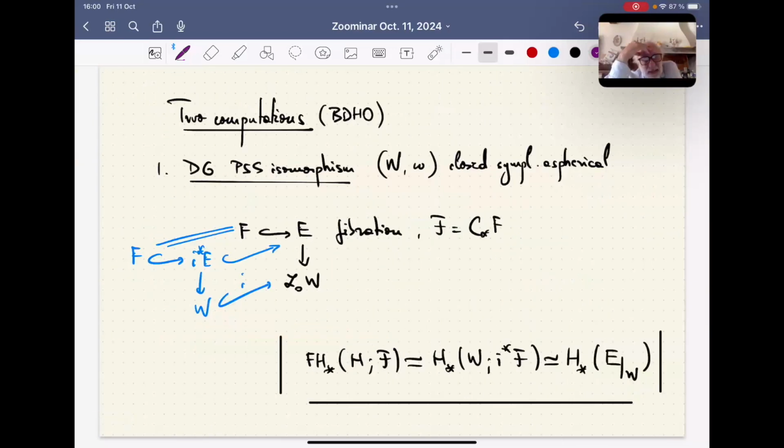Here are two computations. First is a differential graded PSS isomorphism.